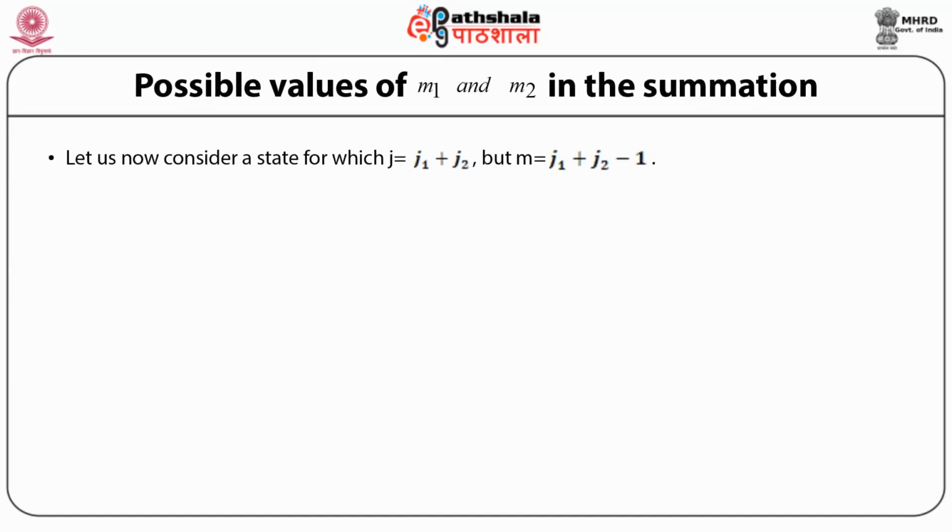Let us now consider a state for which J is equal to J1 plus J2 but M is equal to J1 plus J2 minus 1. In this case, we have two possible values for M1 and M2.